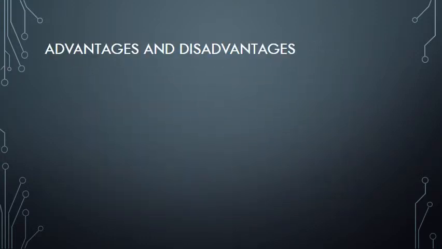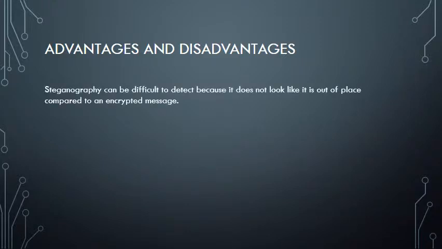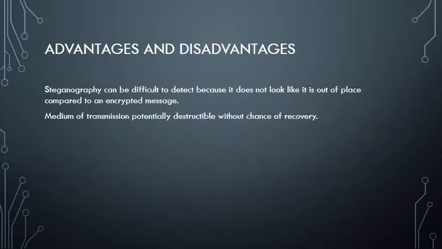Advantages and disadvantages of steganography. Steganography can be difficult to detect because it does not look like it is out of place compared to an encrypted message. That is, there's not a whole lot of jumbling going on. The medium of transmission, unfortunately, is potentially destructible without a chance of recovery.